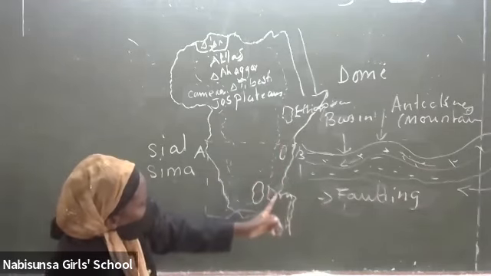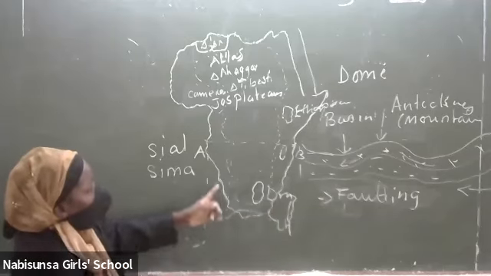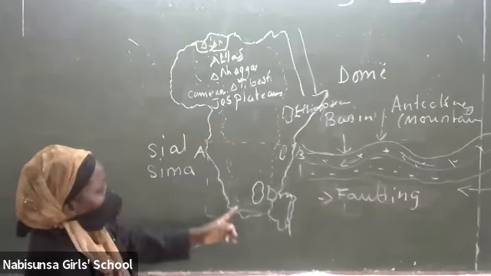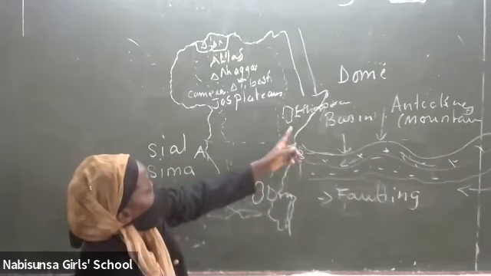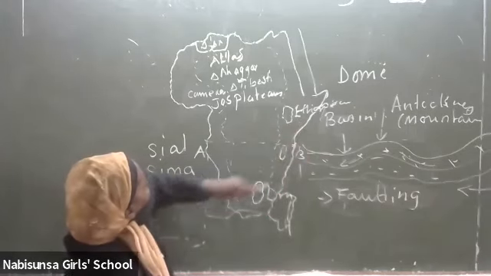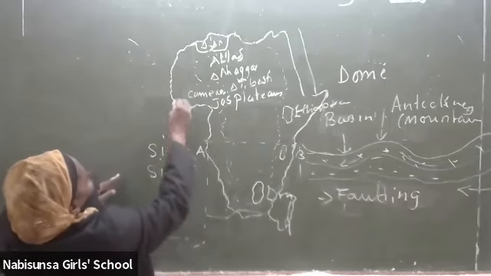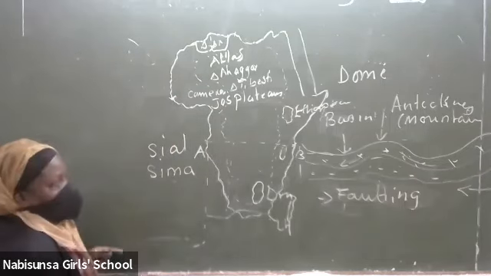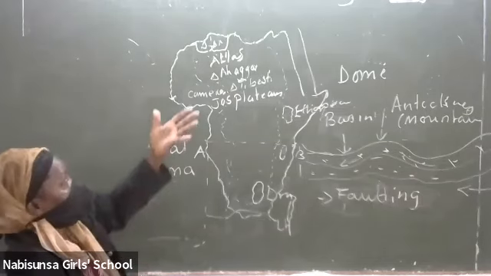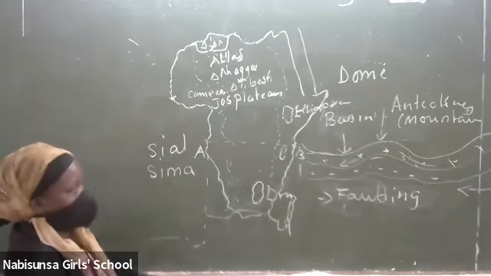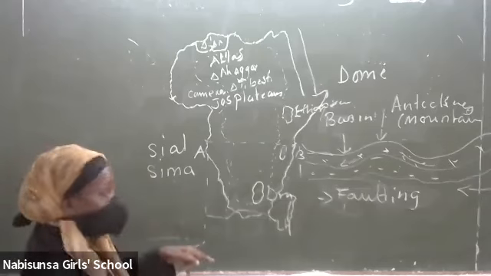On reaching here, you will find that this is a low land area. This one is a low land area up to here. And then you continue with the low land area up to here, somewhere here, bordering the sea. It is a low land area, and it is a very big part also.